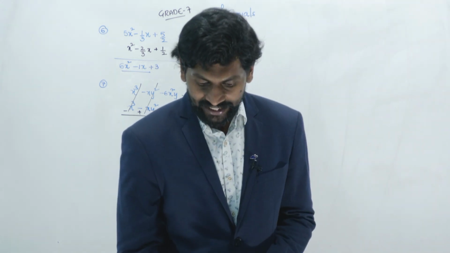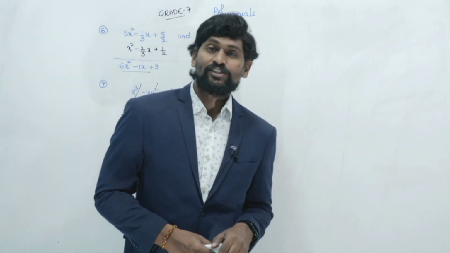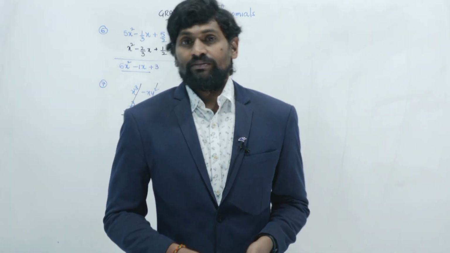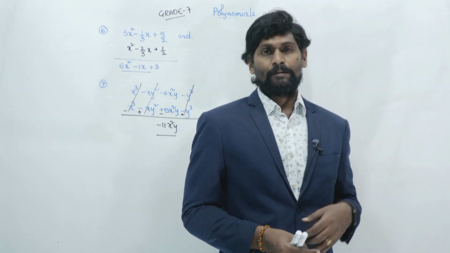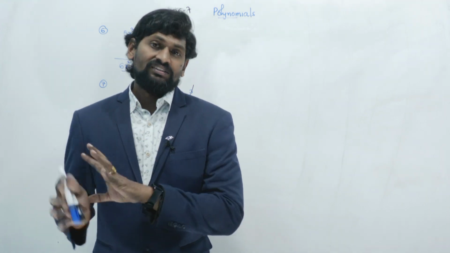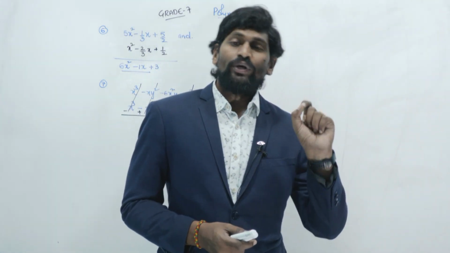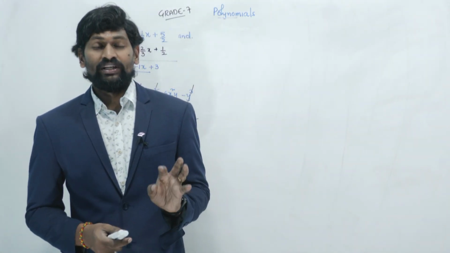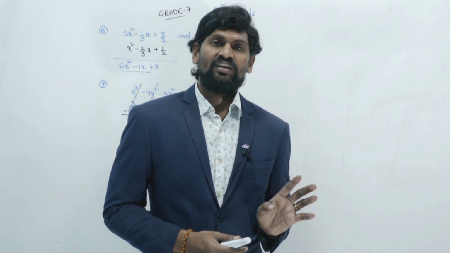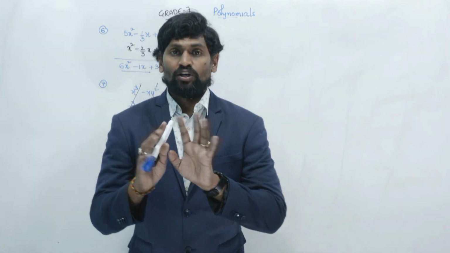Additive identity for any polynomial. Here you should remember that whether it is the polynomials topic or any number system like natural numbers, integers, rational numbers or real numbers, the additive identity is always 0 and the multiplicative identity is 1. Additive identity and multiplicative identity do not change.